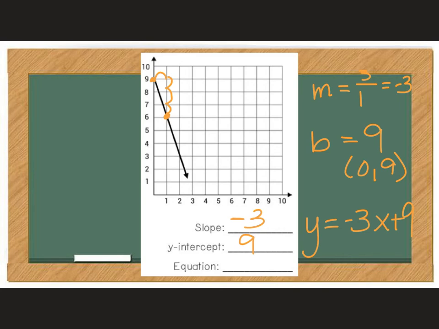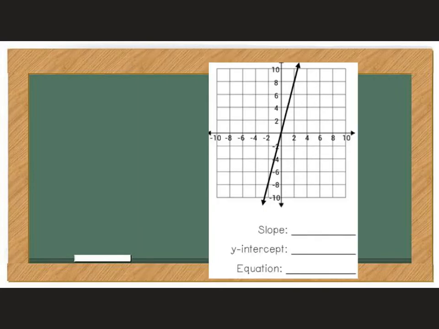All right, I think we have one more. Very good. Once again, we need an m, we need a b. Remember, m is slope, y-intercept is b. First of all, I notice my y-intercept is at the origin. So that means we have one of those special situations. Our y-intercept is at 0. And our slope, let's see, it looks like this point intersects. Now pay attention to your graph.